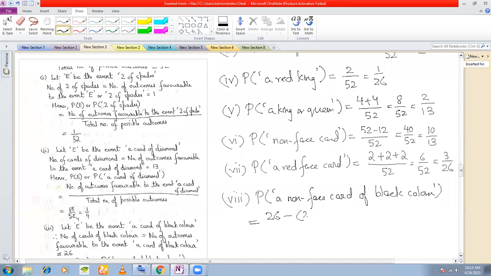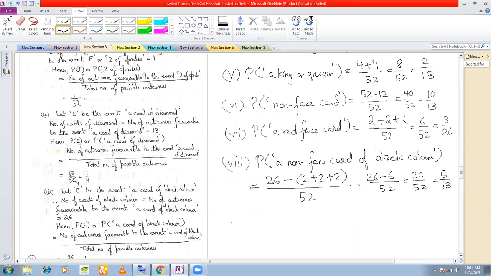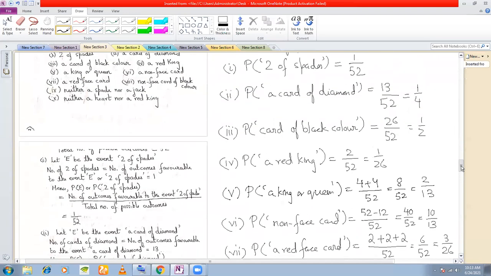You have 2 kings of black color, 2 queens of black color, and 2 jacks of black color, divided by 52. So this is 26 minus 6 divided by 52, 20 by 52, which is 5 by 13. The detailed way of writing I have already shown you on the left hand side in the notes. Go through that. That is the actual way of writing.